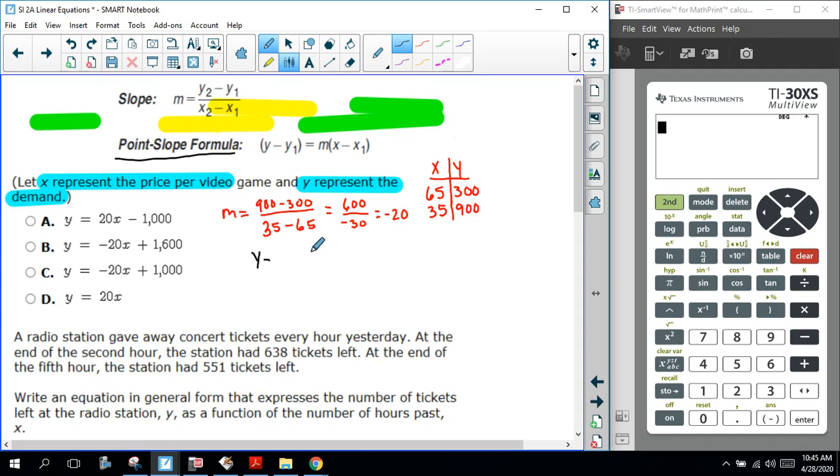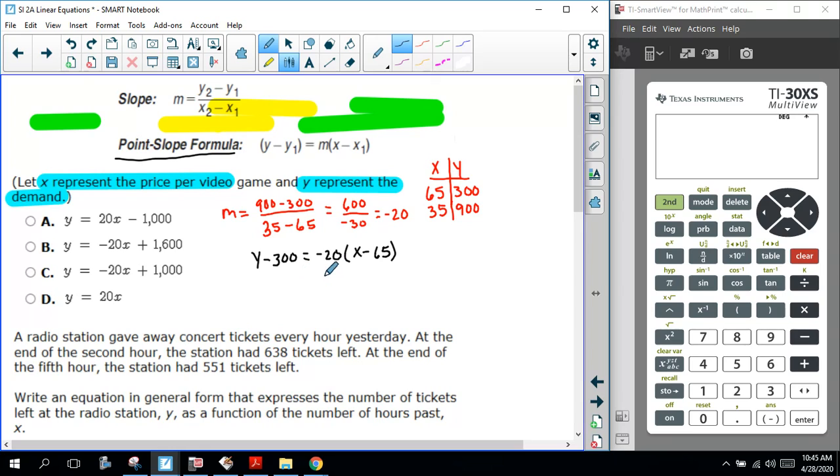I'm just going to go ahead and use the first ordered pair. So y minus the first y value, 300, is equal to m, which is the slope of negative 20, times x minus that first ordered pair's x value, which is 65.